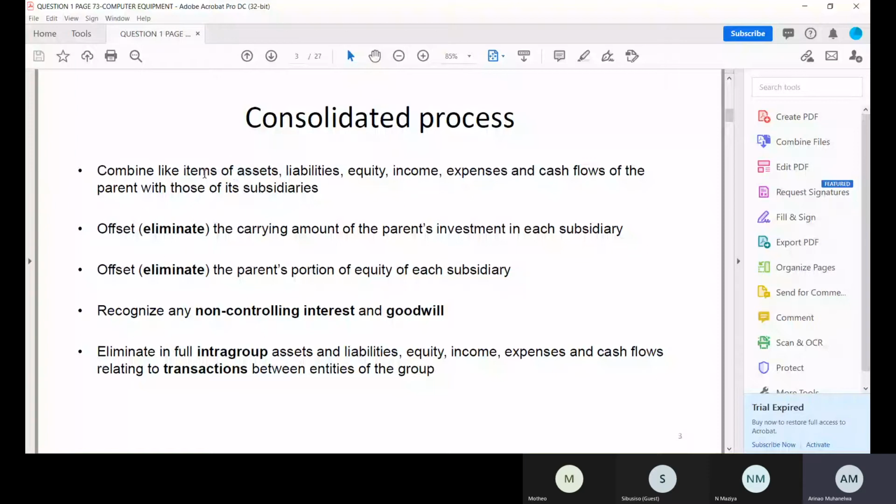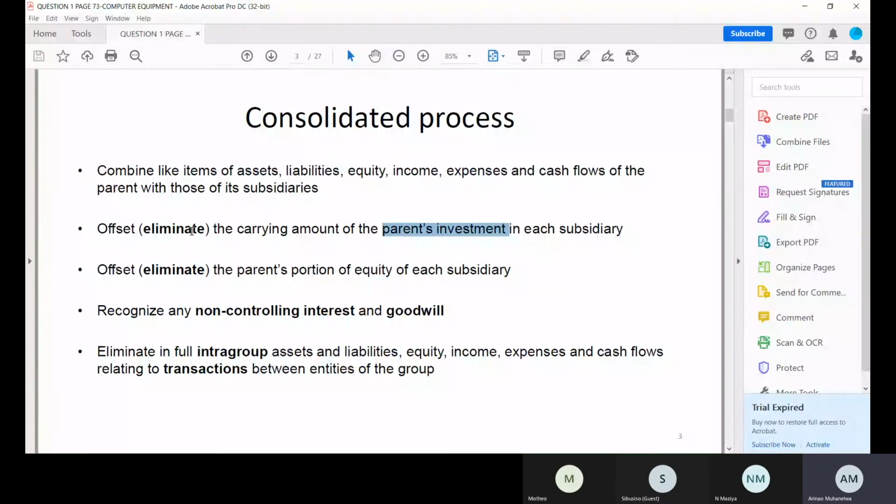The next procedure says we must offset or eliminate the carrying amount of the parent's investment in each subsidiary. For example, if you go to the consolidated statement of financial position, you will never see the investment that the parent made in the subsidiary. The reason is that when you do consolidation, you must eliminate it. We'll touch more on this in the actual exercise.